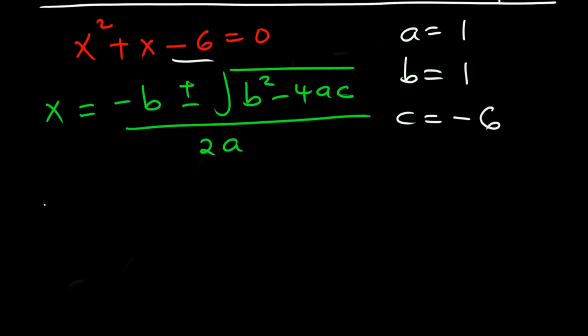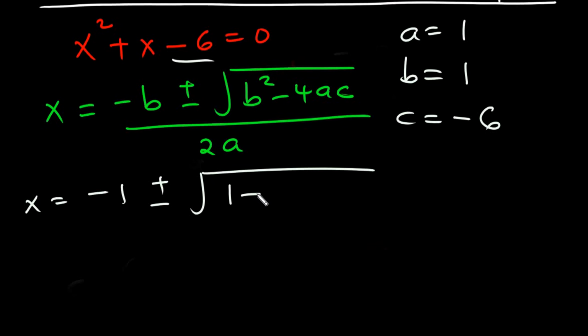So let's substitute these values into our formula. It's going to be x is equal to negative b, so that is negative 1, plus or minus the root of b squared, so b is 1, so 1 squared is 1, minus, then as I told you, it's good to put a small bracket here so that you don't mess up the signs, because that will give you the wrong answer.